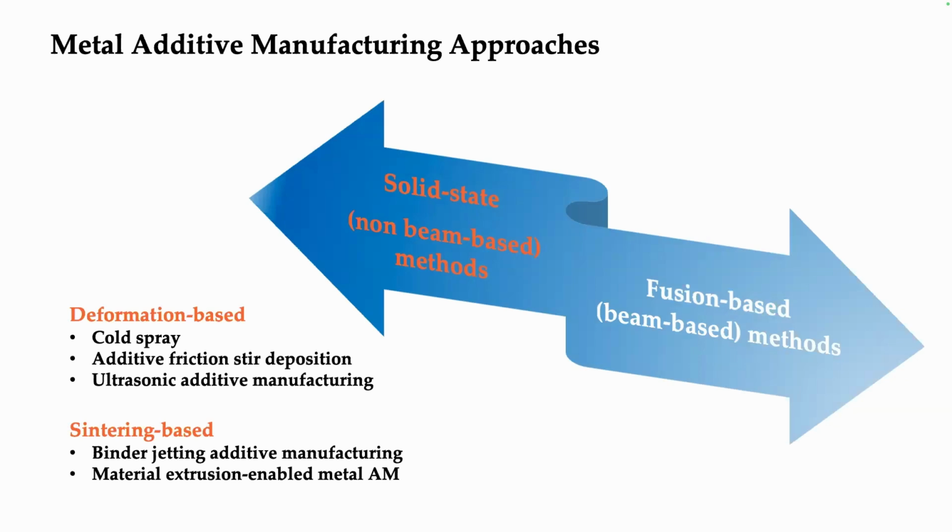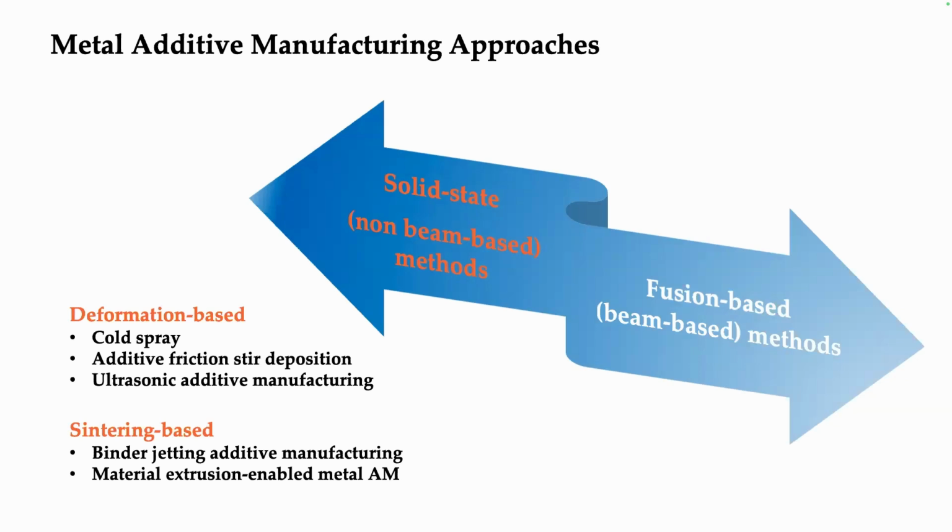The newer ones that I'm going to talk about, on the other hand, are solid state, so not relying on melting, not relying on thermal energy, but mostly relying on other sources of energy, without the risk of oxidation and melting of the material. These solid-state additive manufacturing techniques could be categorized into deformation-based ones and sintering-based ones.